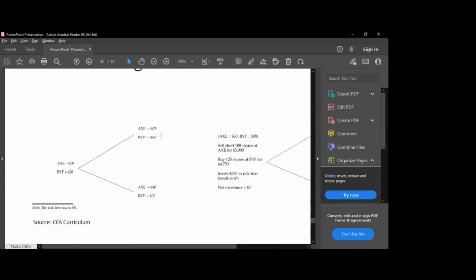अभी यहाँ पर क्या हो रहा है? What we are doing here is, just a minute, let me open it in another format so that I can write on it as well.